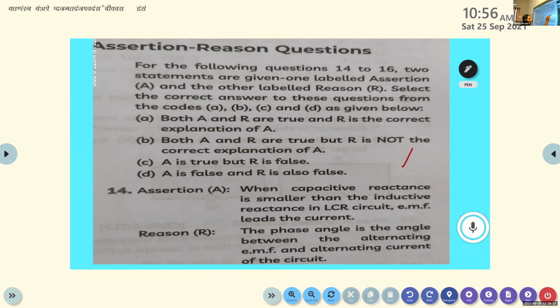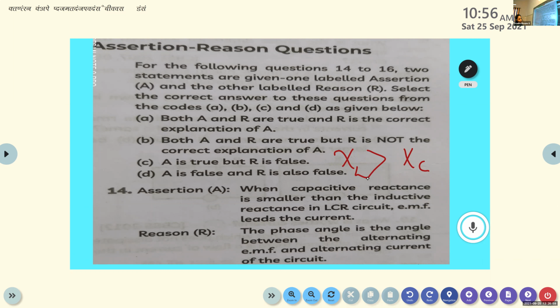Capacitive reactance is X_C, inductive reactance is X_L. According to your assertion, capacitive reactance is smaller than the inductive reactance, or X_L is greater than X_C. Then EMF leads the current.